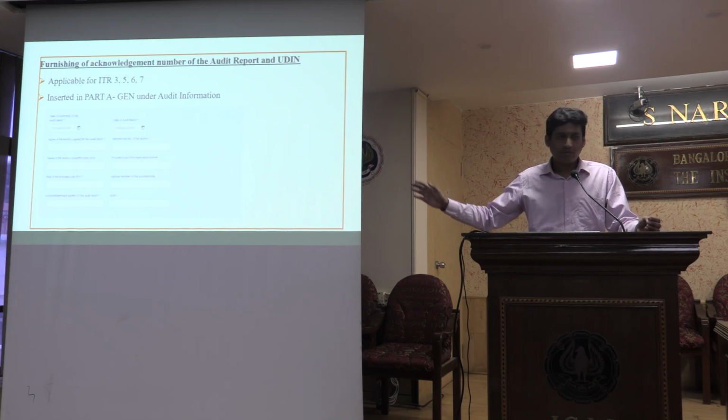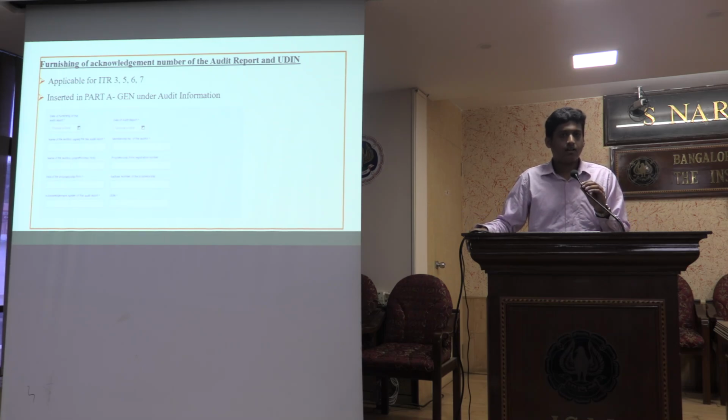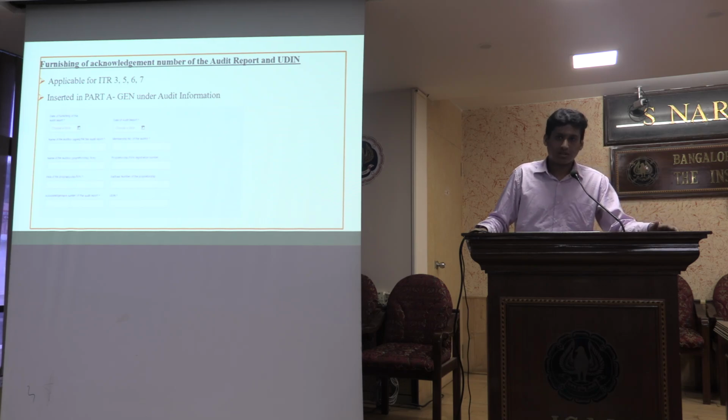This is a welcome move actually, because what used to happen, sometimes by mistake, is that the tax audit report was missed out to be filed, and the ITR was getting filed. Because in the ITR, we did not have the option to enter the acknowledgement number of the form 3CA or 3CB along with the UDIN.